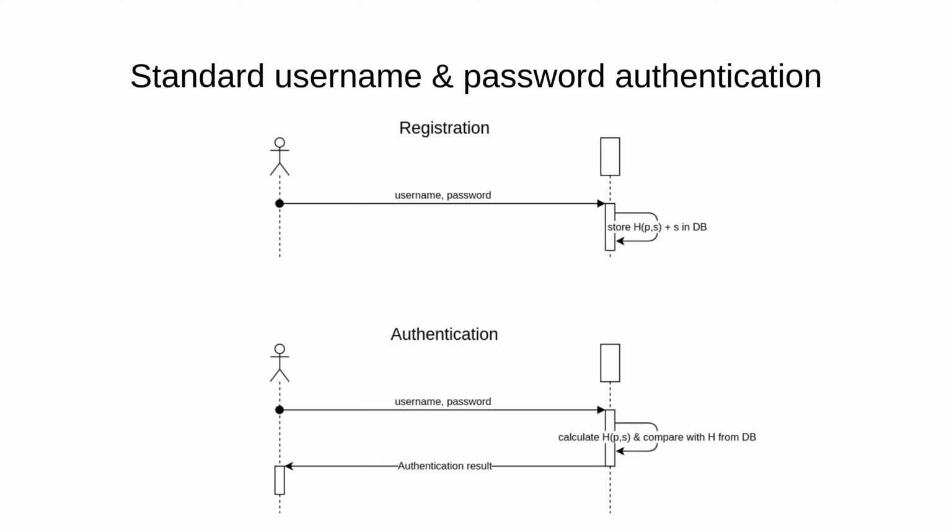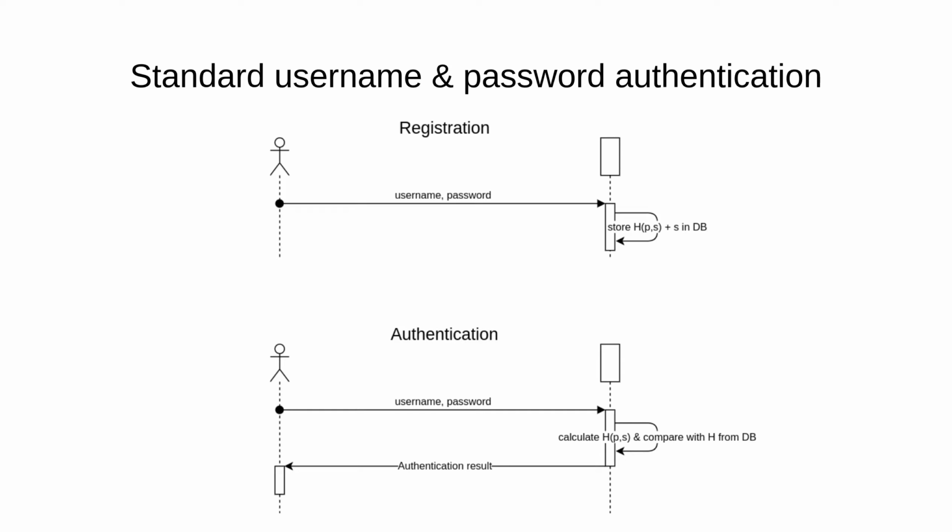Now, when we want to authenticate later, we again send the same username and the password to the server. Server retrieves previously stored hash and salt from a database, recalculates the hash using the password that we provided, and compares those two values. If those two values match, then obviously we are authenticated, we provided the correct password.